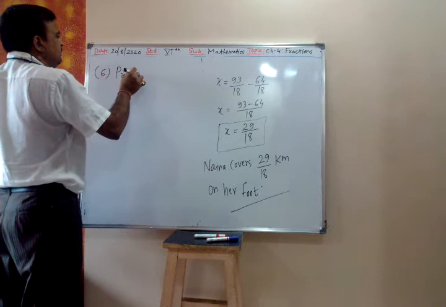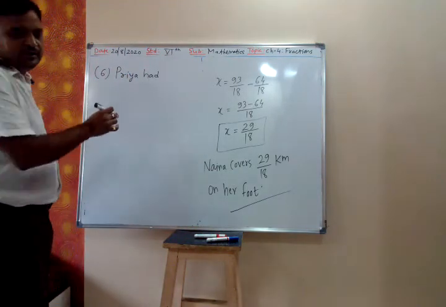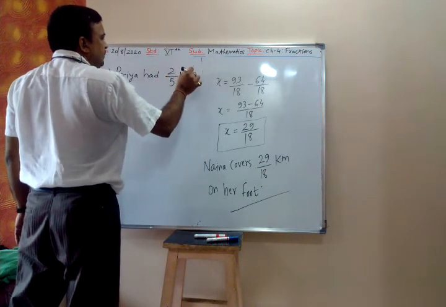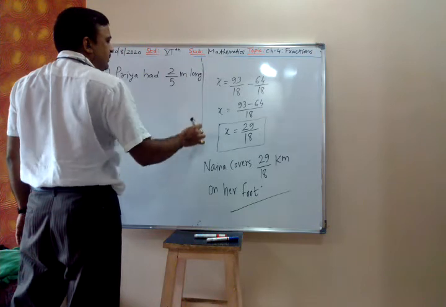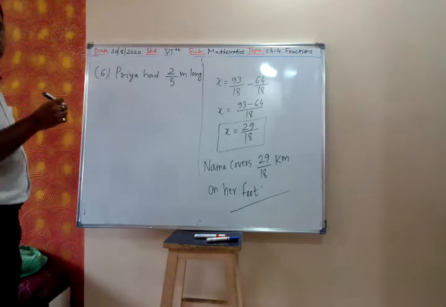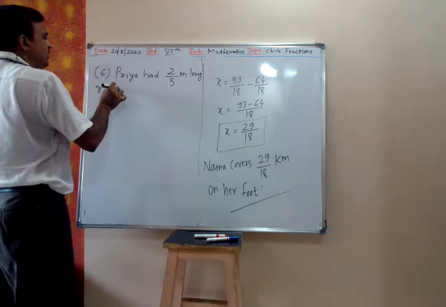Mute the microphone. Priya had 2 upon 5 meter long ribbon.